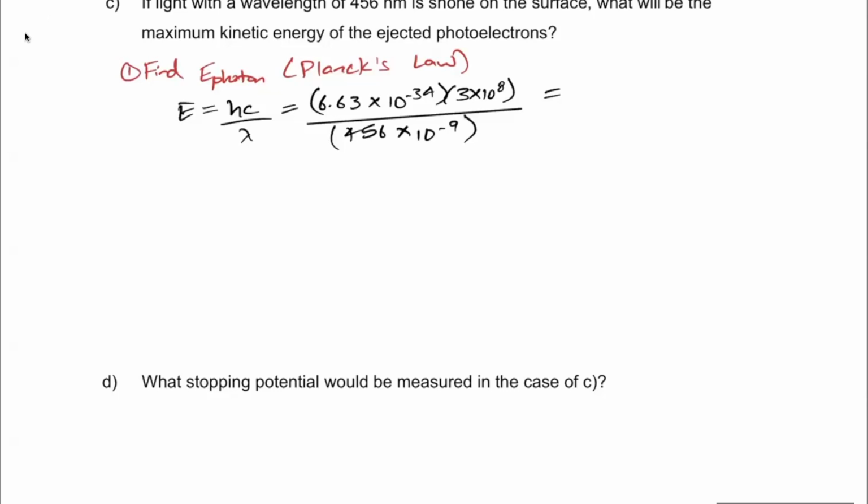Killing it. 4.36 times 10 to the negative 19 joules. Awesome. 10 to the negative 19 joules is a pretty standard range because remember, we're quantum, we're itty bitty. Step 2, we are going to use the photo effect.